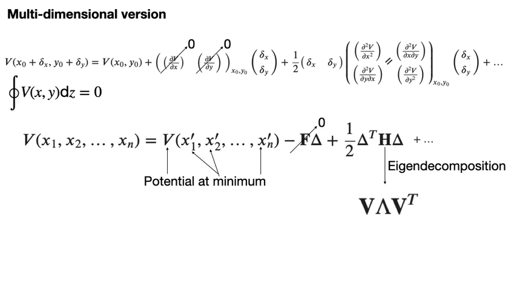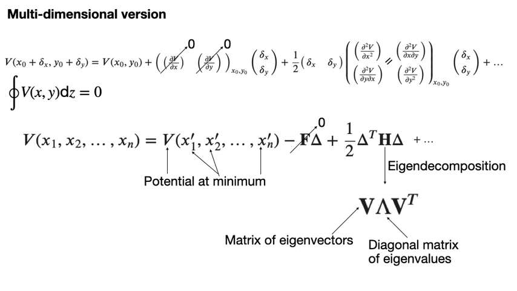The matrix V here contains the n eigenvectors of H, while the matrix lambda is a diagonal matrix that has the eigenvalues of H on its diagonal. V transpose is obviously the transpose of V. When we replace H with this decomposition, we thus arrive at the expression shown at the top of the slide here.